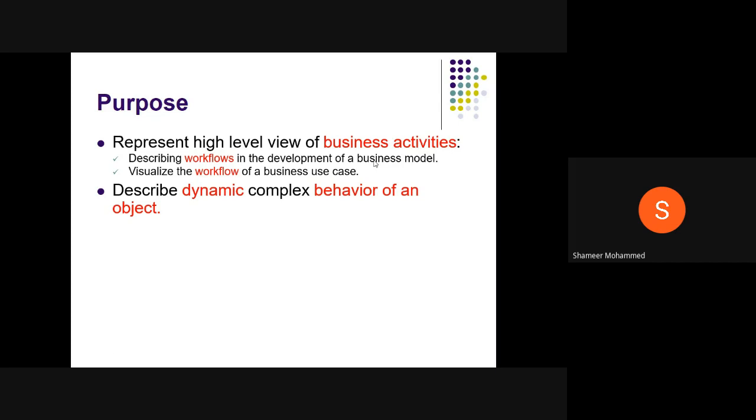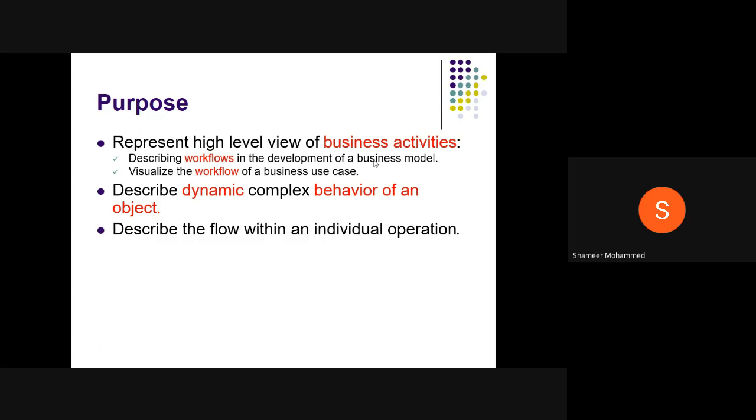So behavior is very dynamic. At one particular time, the transaction will be in one state, your bank account. After sending the money, the state of your account is changed. Some money is decreased from your account.